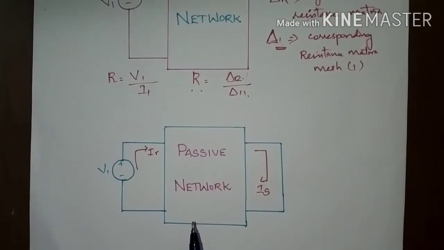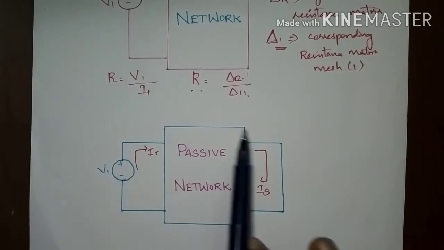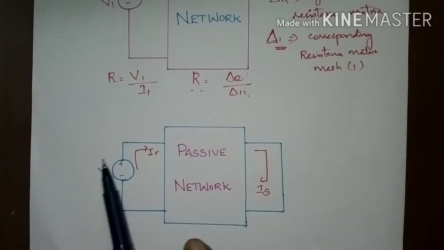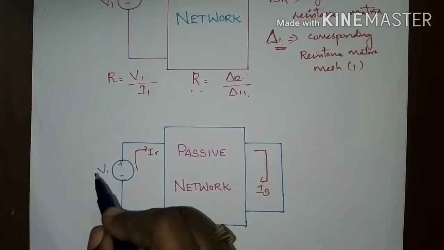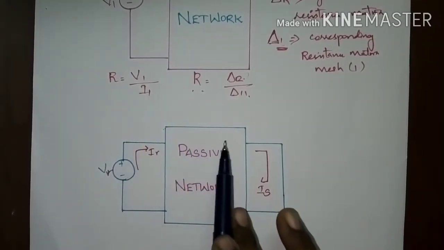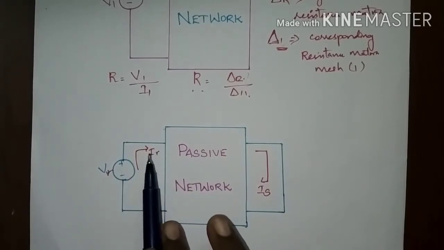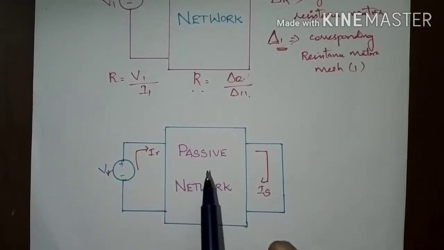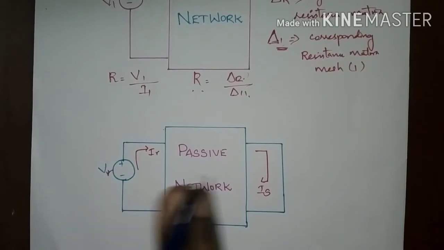In a circuit, if a voltage source is applied to a passive network, assume this is VR, you are applying to a passive network and IR is the current drawn on the input side, and this passive network results in voltages between all the nodes in the network.